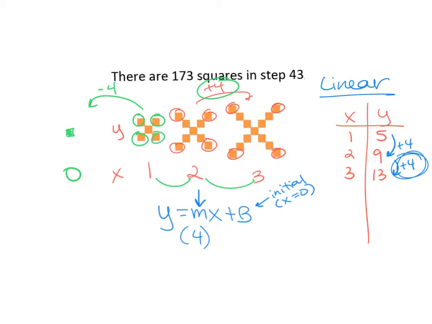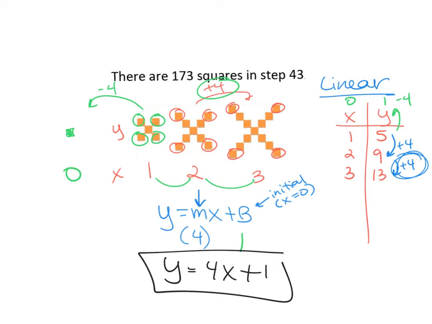So at stage 0, you started off with 1, and so the b here would be 1. Putting all of this together in the equation, it is y equals 4x plus 1. Again, the 4 is because we're adding 4 each time. The 1 is because that's where you start off when x is 0.